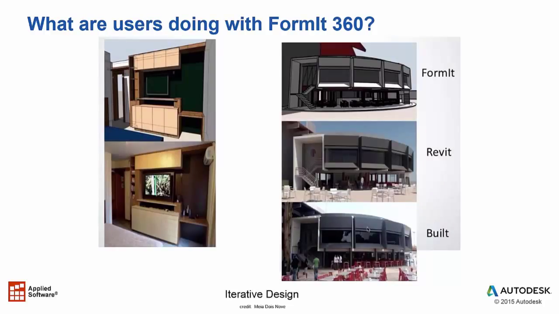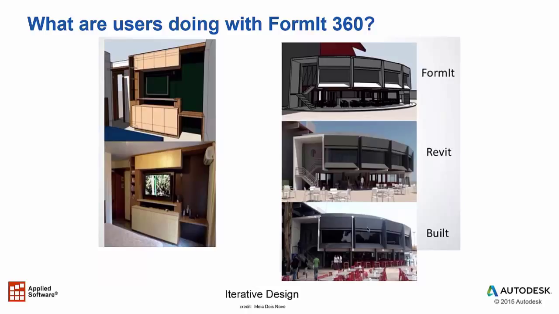So what people are using with FormIt 360 these days is they're using it to track design changes throughout the design process. So start with FormIt with a very high-level conceptual massing, get client approval with intuitive tools, and then move it on to Revit and make the design more robust, and then moving on to the actual construction site, and then go ahead and build it, and then the design obviously is matching the design intent as it started in FormIt.